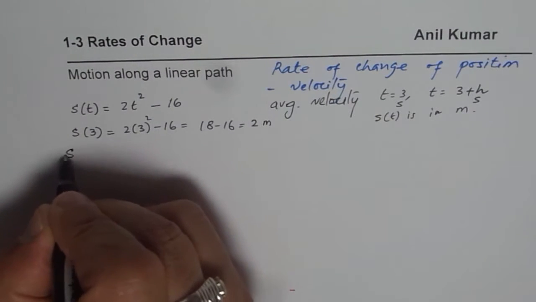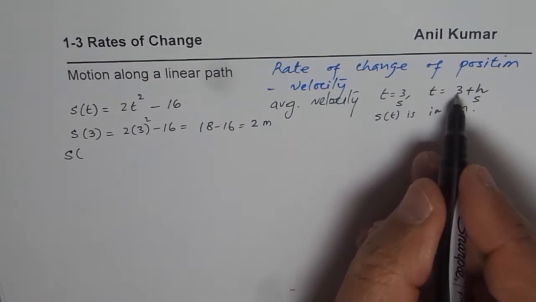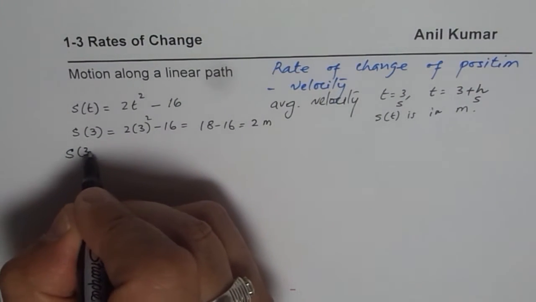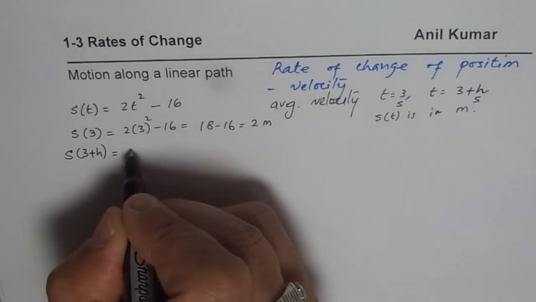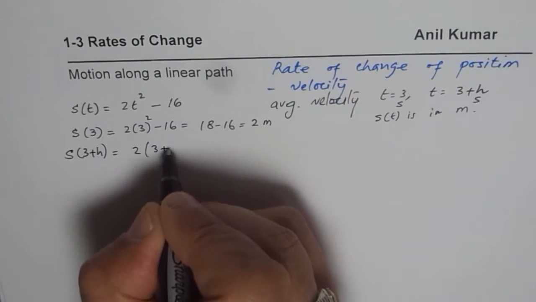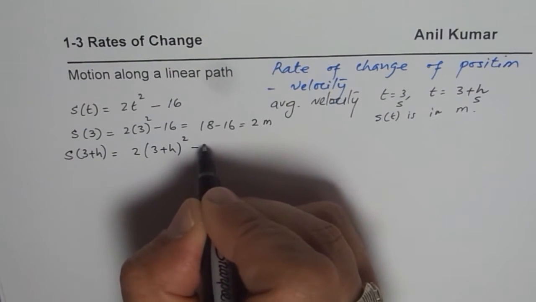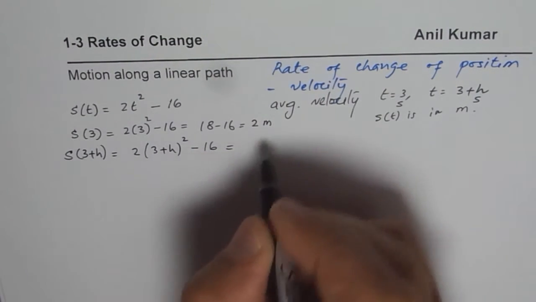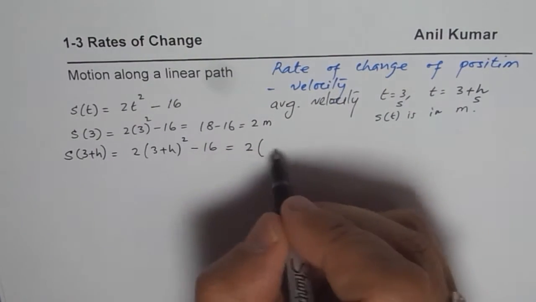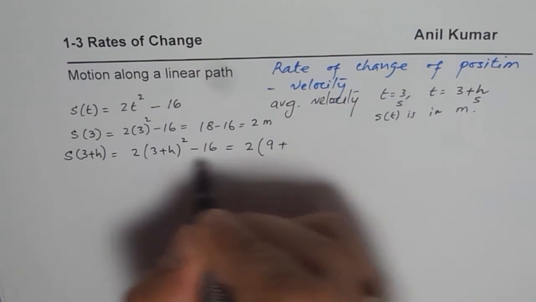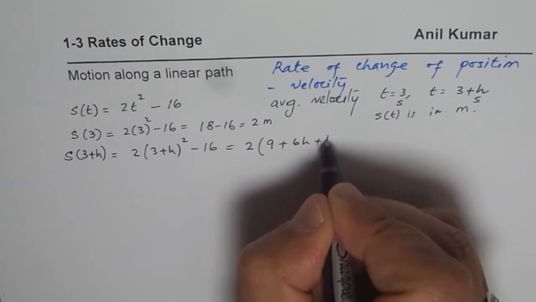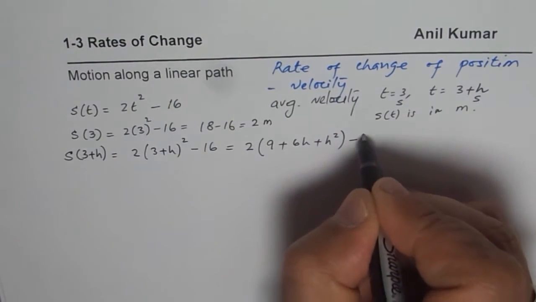Let us find the position after 3 plus h. s of 3 plus h equals 2 times 3 plus h whole square minus 16. We can now expand this: 2 times 9 plus 6h plus h square, minus 16.